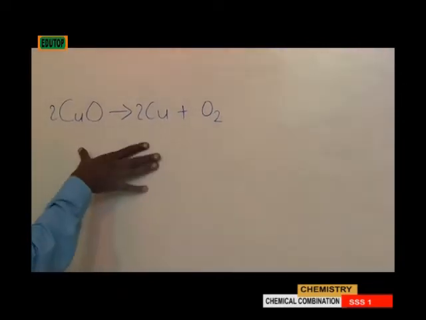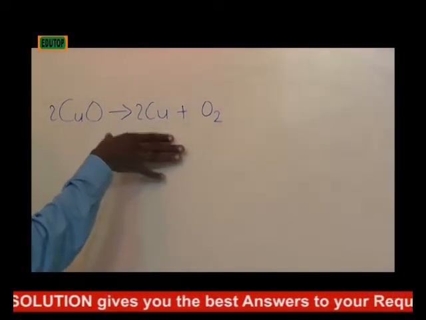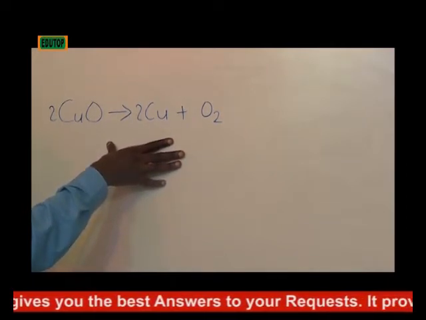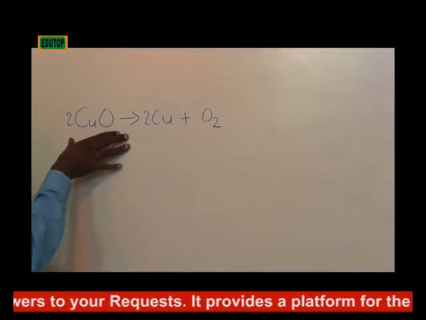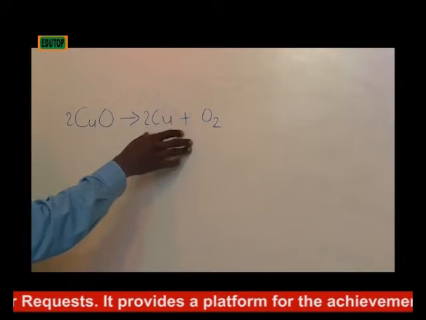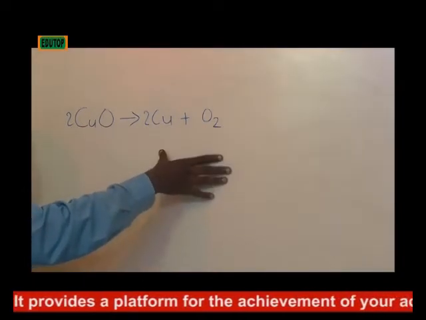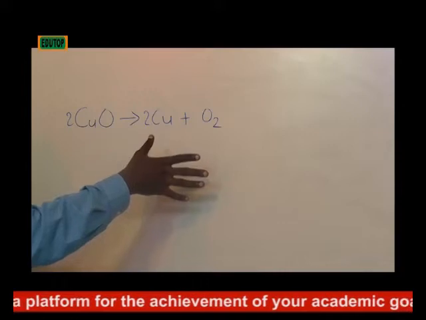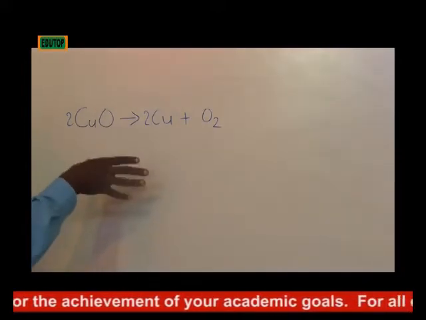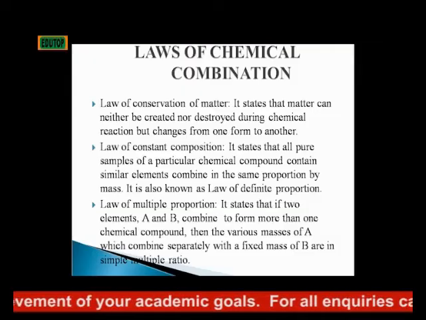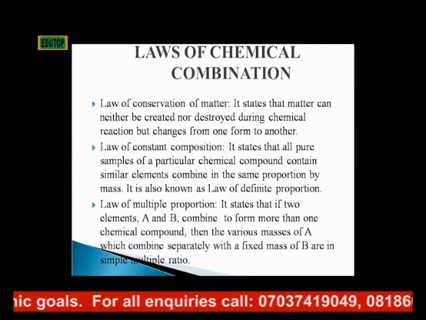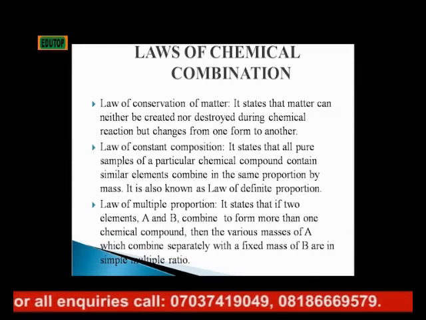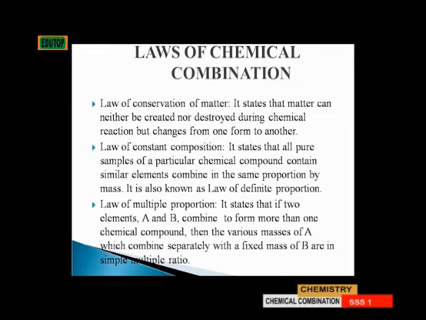So this reaction has justified the law of constant composition, where you have a particular compound being broken into its constituent elements. And this law of constant composition is also known as the law of definite proportion.